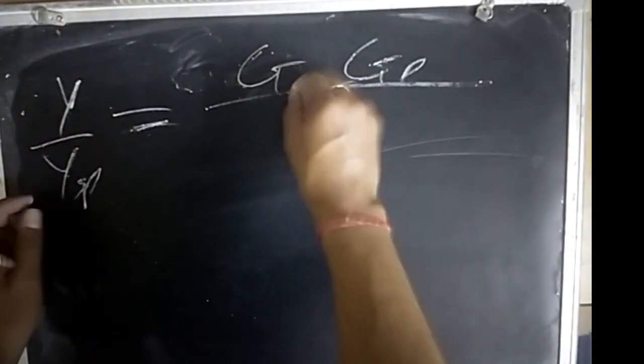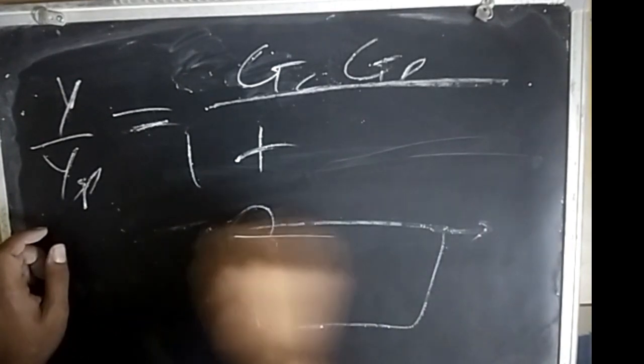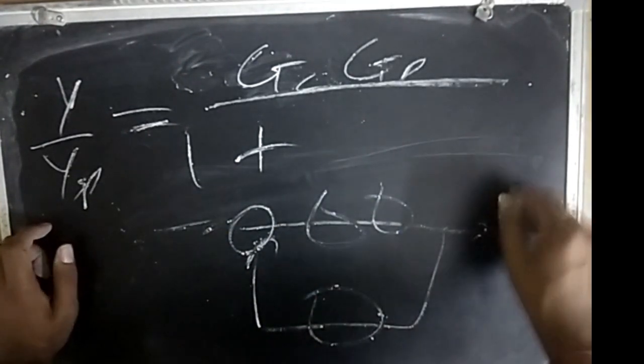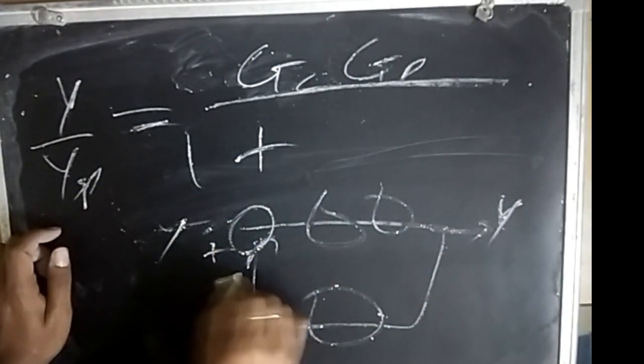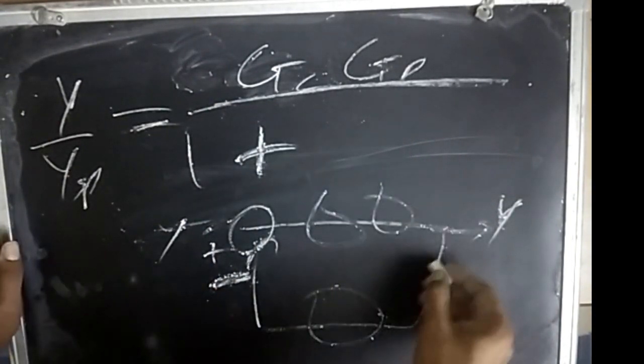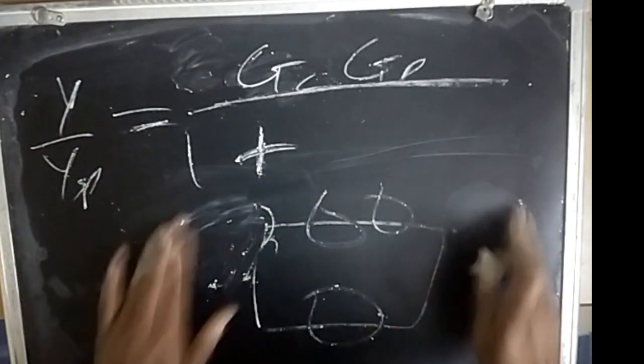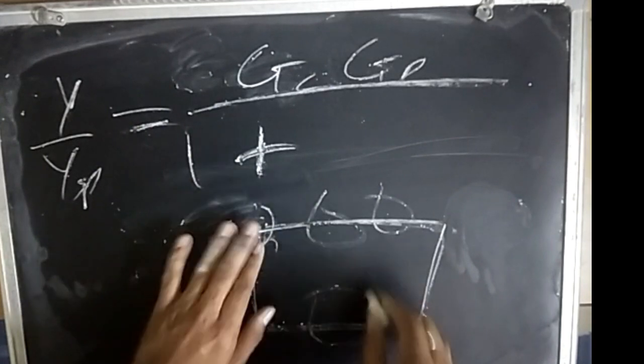Whatever the transfer function is at the top, we will write at the top. Then at the bottom, we will take the open loop transfer function. And remember, this is my YSP. If this is plus and minus, if this is minus, then this is plus at the bottom. The open loop transfer function is, we will first just make this loop open.